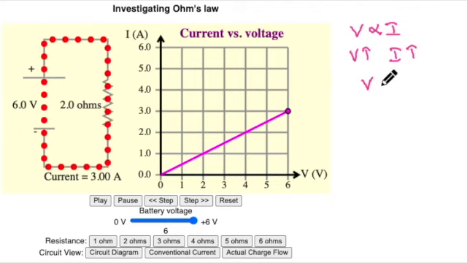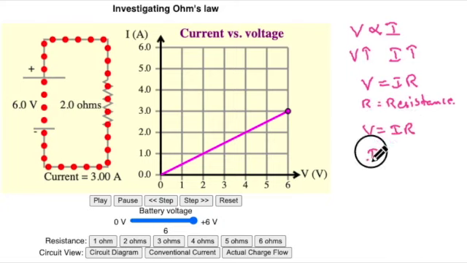So we can also write V is equal to IR, where R is a proportional constant, or we can say it is the resistance. So we can say V is equal to IR, or I is equal to V by R, or R is equal to V by I.